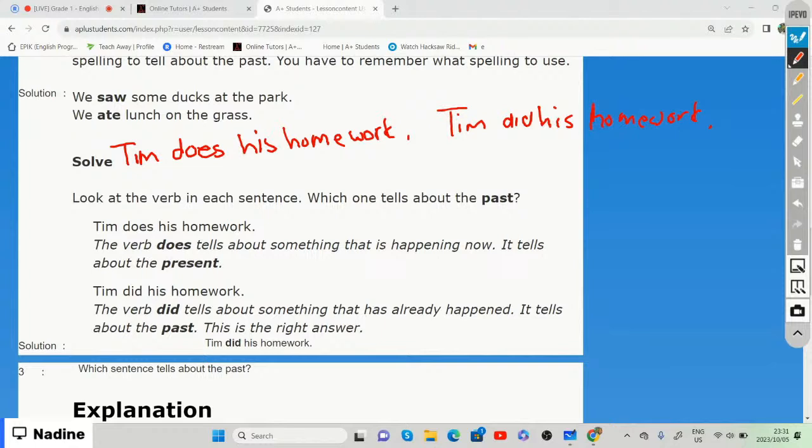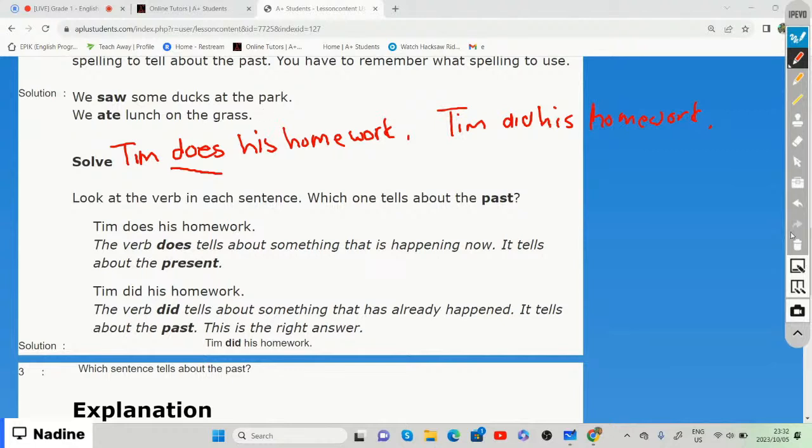So if we identify the verb that tells us about the past, then we will say it is did. So "Tim does his homework" is basically in the present, something that he's doing now, right? He does his homework. It is something that he's doing now.